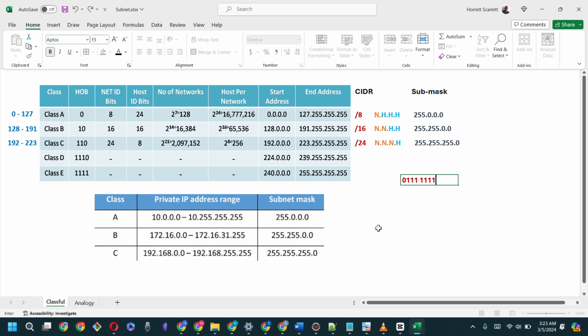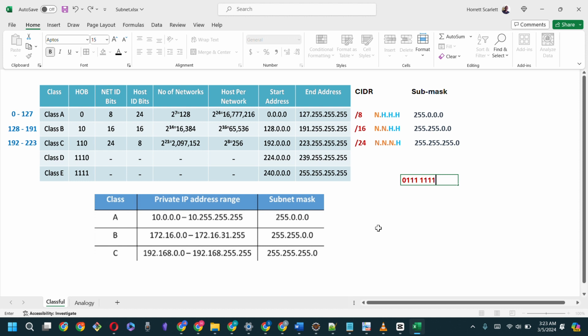So anything that begins with a 10 is going to be a class A IP address. For class B, anything that begins with 172.16, then potentially it is going to be a class B address.